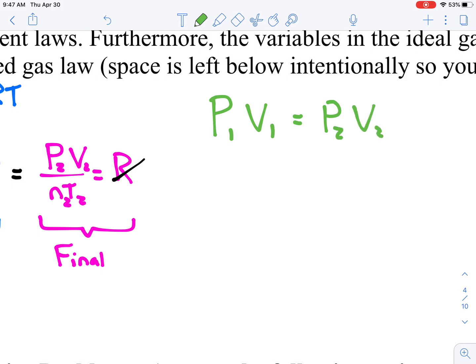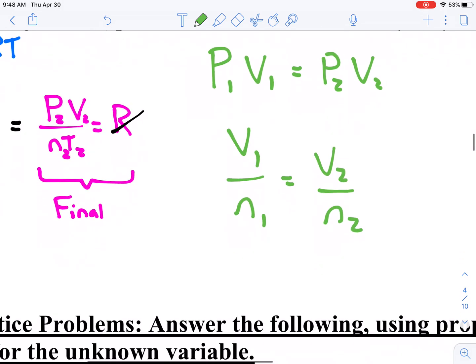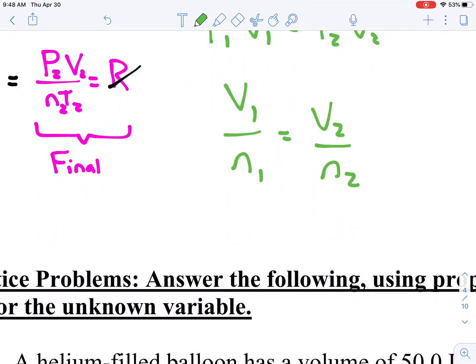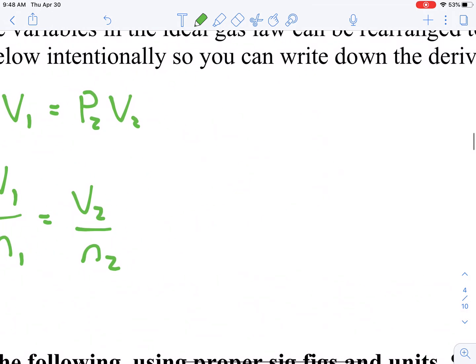But couldn't I also hold pressure and temperature constant? Imagine if you covered up pressure and temperature on both sides. You'd be left with volume over amount. So we could say that V1 over n1 equals V2 over n2. And couldn't we do the same thing with volume and amount? We could cover those up, and we'd be left with P1 over T1 equals P2 over T2.